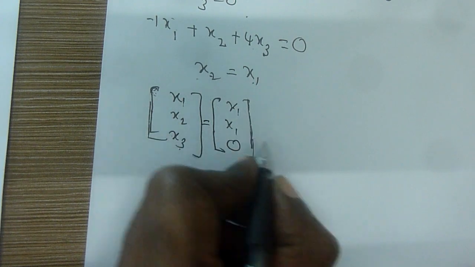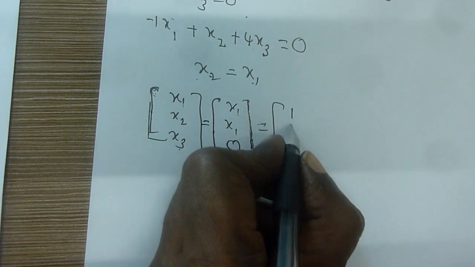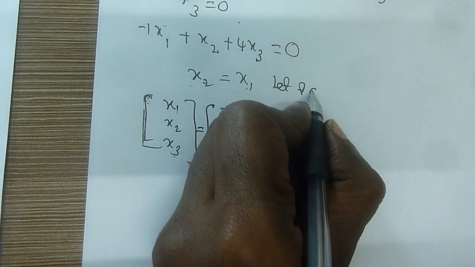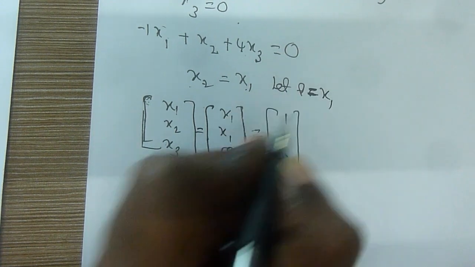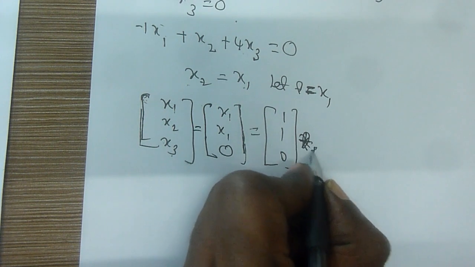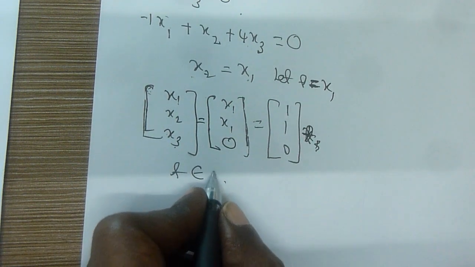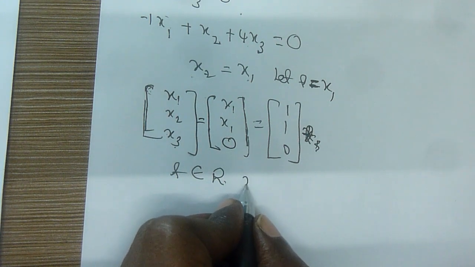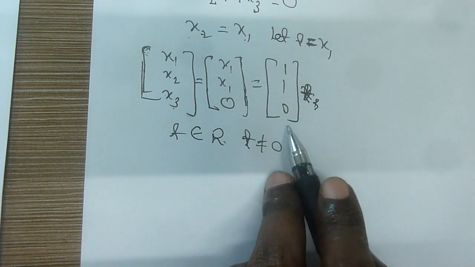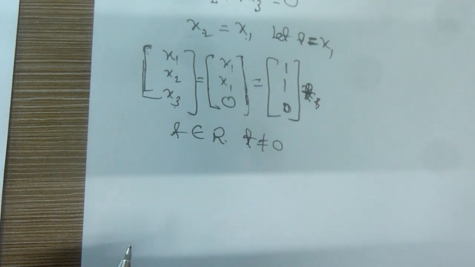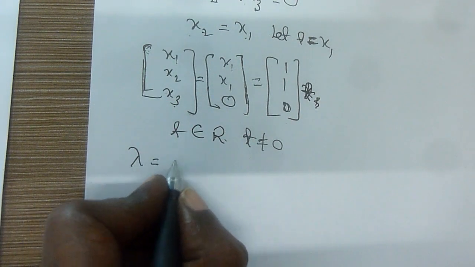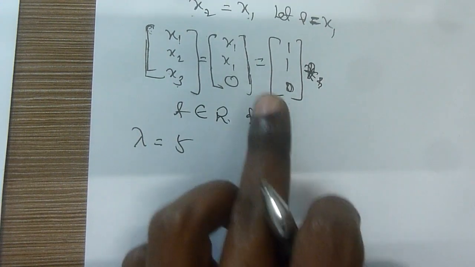Now this becomes 1 1 0, and if you let t be x1, then you get t, but you need to define t as a member of the real numbers, and t cannot be 0. That means we get a new eigenvector here. What about lambda 5? Can you see? A little bit tricky, right?